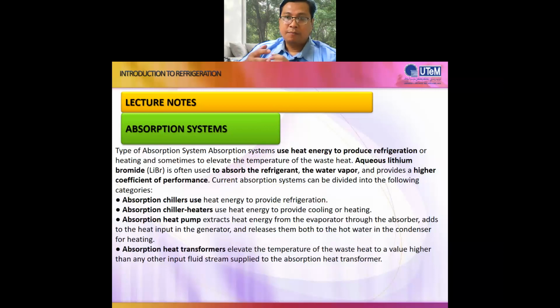So it depends totally on the plant, whether we use a chiller heater or an absorption heat pump. Then there is the absorption heat transformer, which elevates the temperature of waste heat to a value higher than any other input fluid stream supplied to the absorption heat transformer. This one is more complicated.